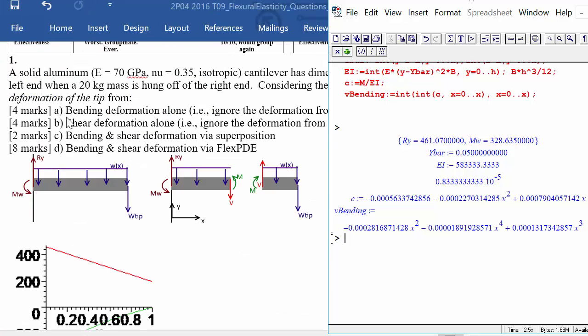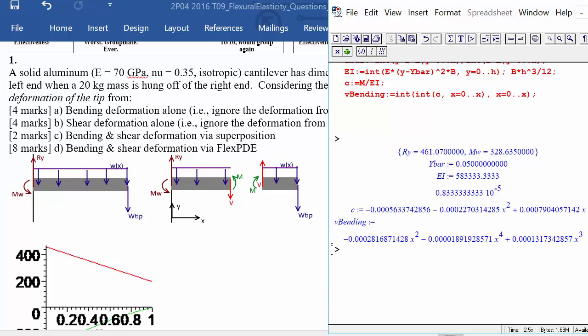Now the question actually asks us to figure out what the deformation from bending is at the tip of the beam. So to do that, we just substitute in the length of the beam for the x position there.